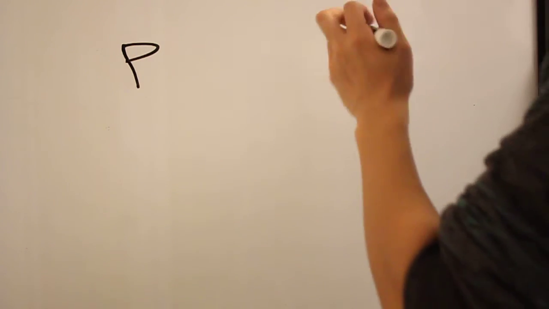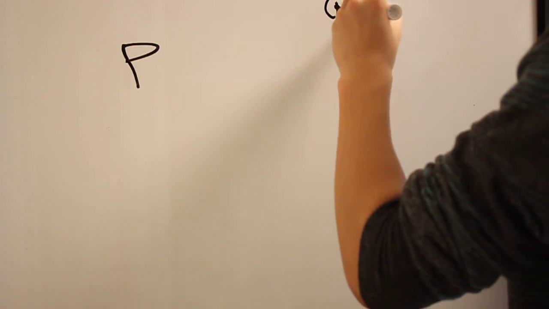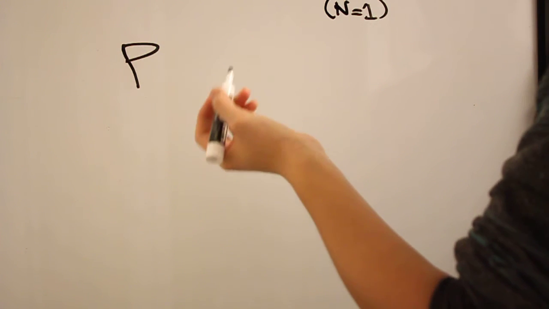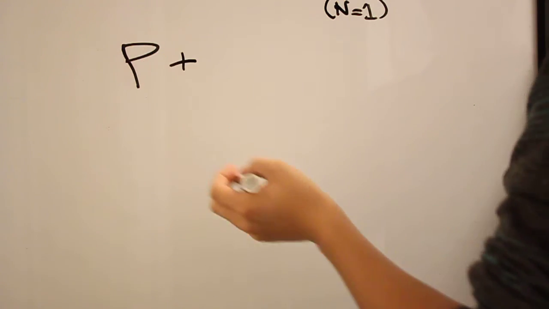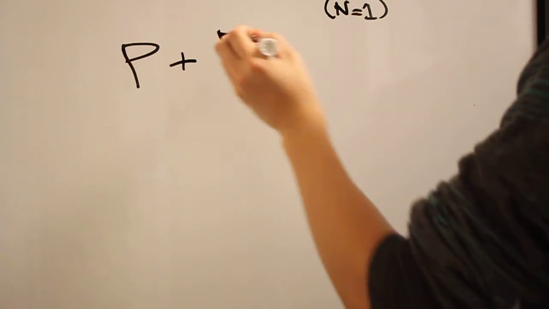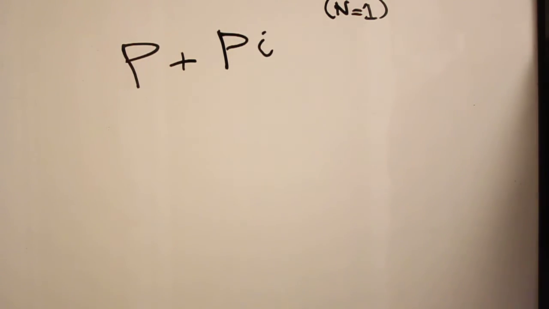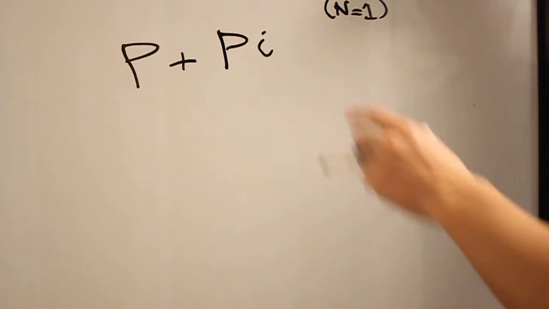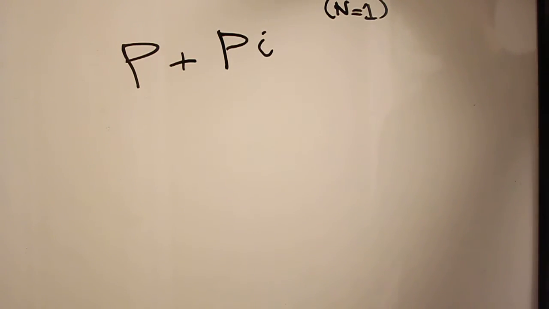So let's look at how we can derive a formula from this. You start with P. In our case, remember, it was $1,000. And then after one period, so keep in our heads that N equals 1 at this point, what we did was we added to that $500, and $500 was created by taking the initial and multiplying it by the interest rate, which in our case was 50%.